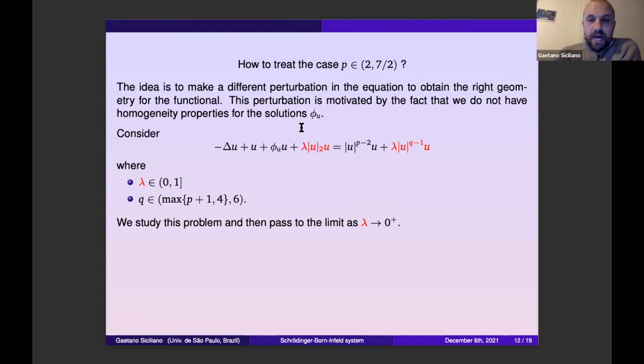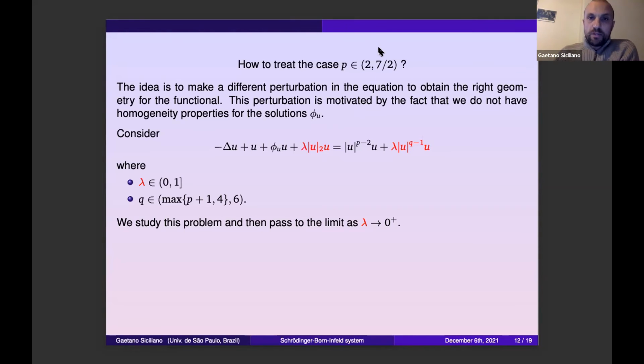And the terms are the red ones. So I'm adding something to the right and something to the left-hand side, combined in a suitable way. And now lambda has to go to 0. So find solutions and show that everything is maintained whenever lambda goes to 0 this time.